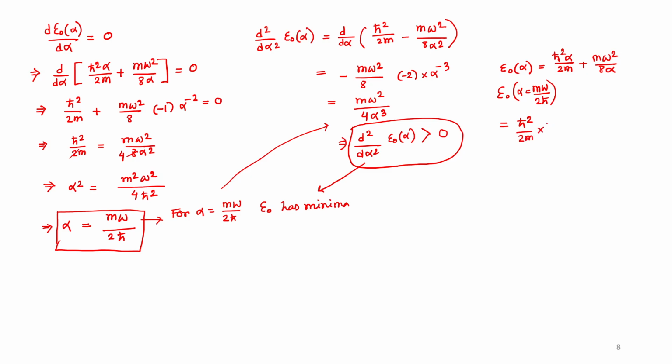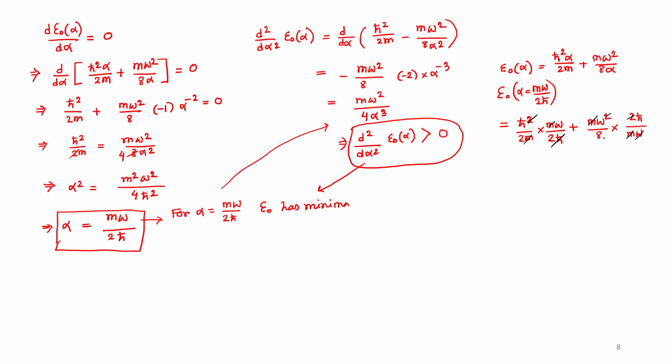So m by 2h cut, plus m omega square into omega. See, a lot of things will be cut off: h cut against m is going to cut. What about here? Omega cut.